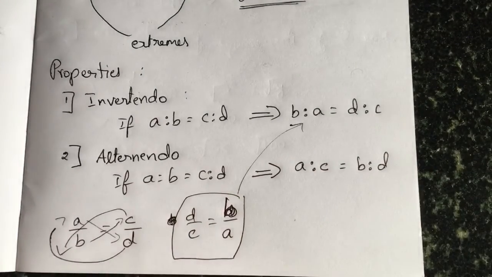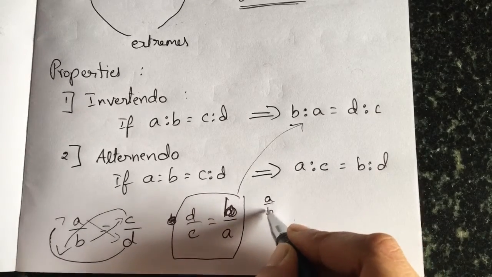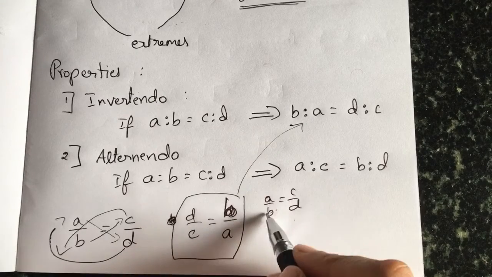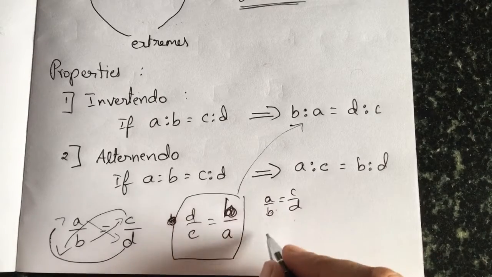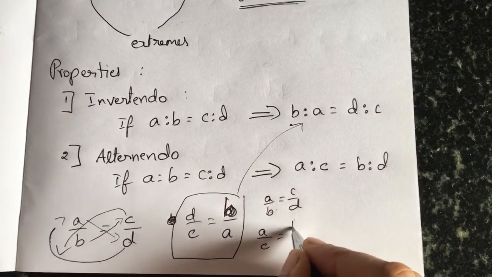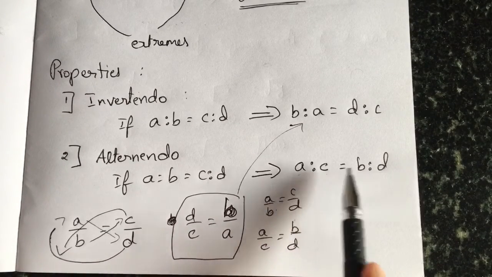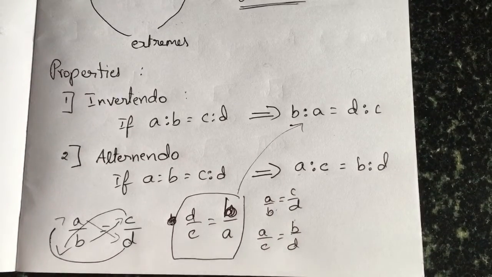Now when I write A by B equal to C by D, I'm just interchanging these two. I'm taking this down over here, so that this will be A by C, which will be equal to B by D, which is nothing but A is to C equal to B is to D.